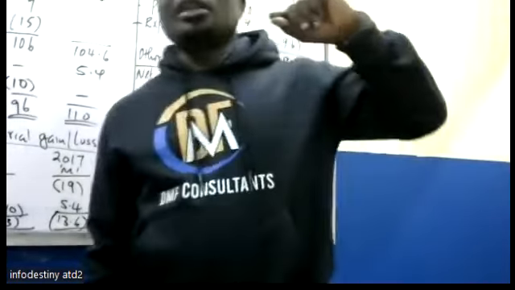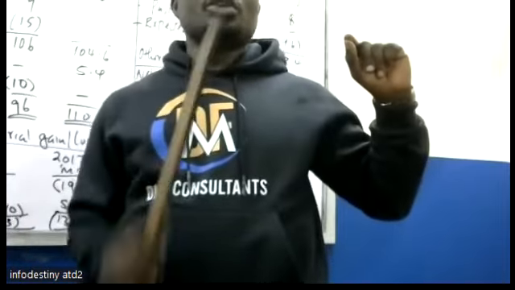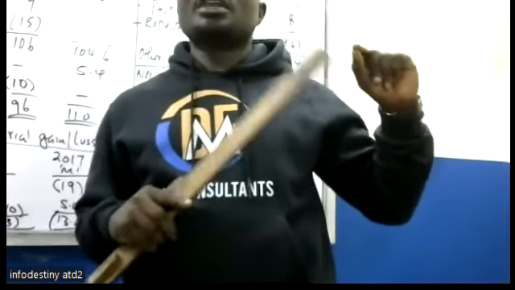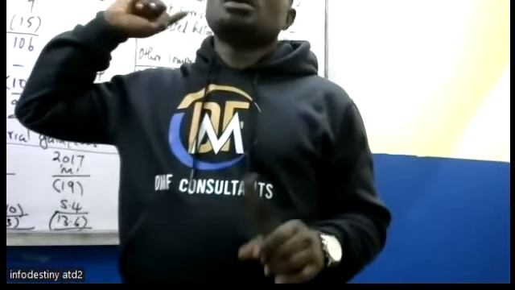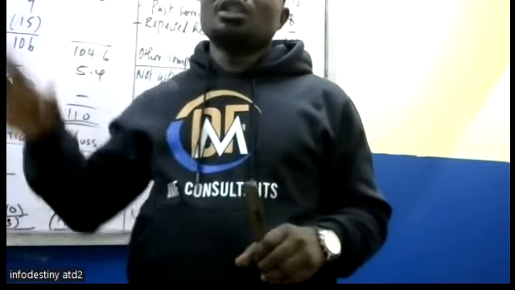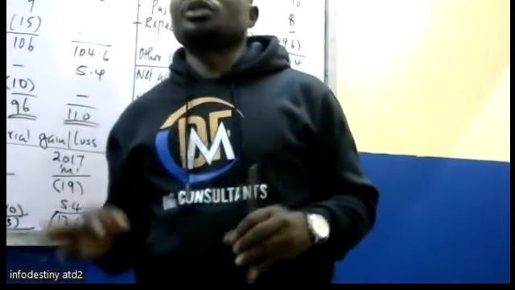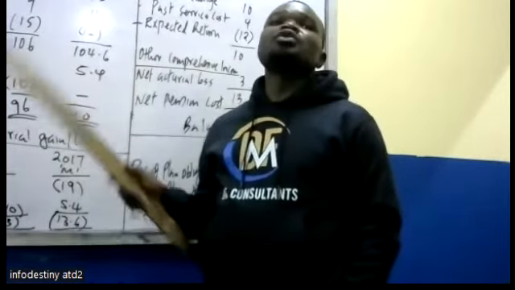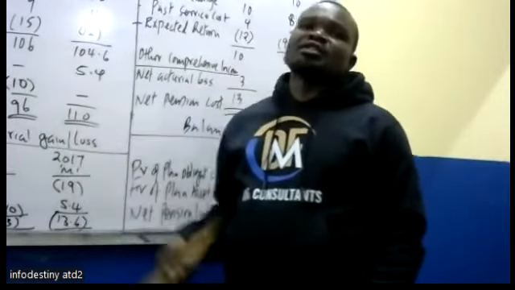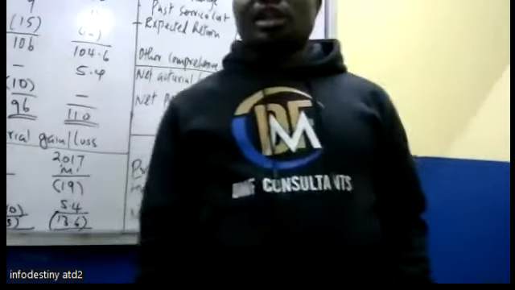So where you have been given the interest charge and expected return to be the same, then you apply it both on obligation and assets. That is the only issue with that question. You can attempt, then we do it in the next class.